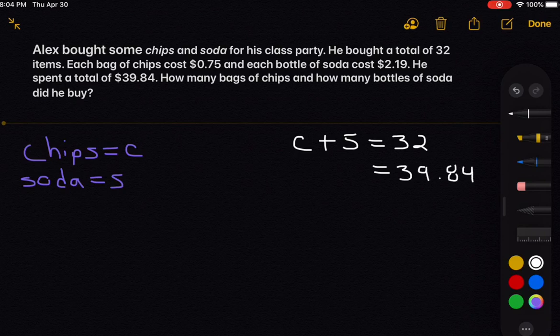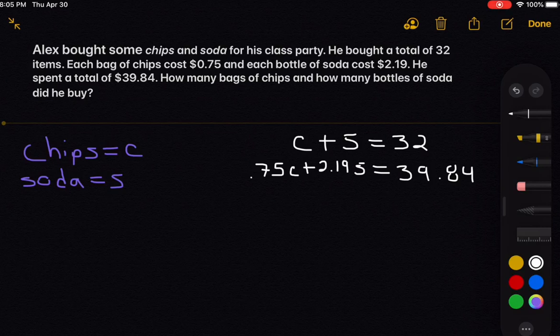Okay, so now to put the variables in. We know that each bag of chips cost 75 cents, so we're going to write down 0.75 times C, because each bag of chips costs 75 cents, and then plus $2.19 times S, because that's what each bottle of soda costs.